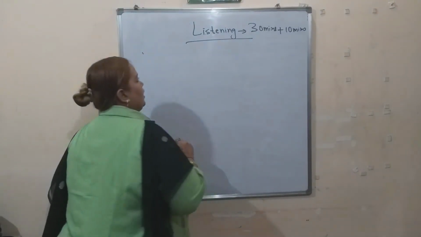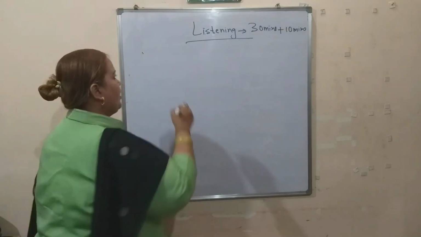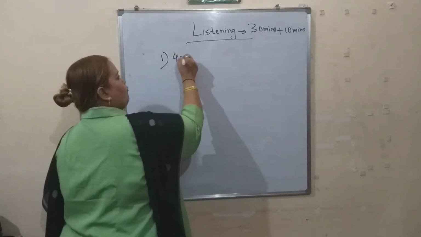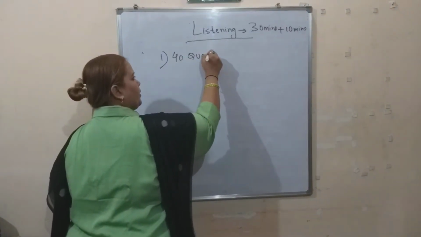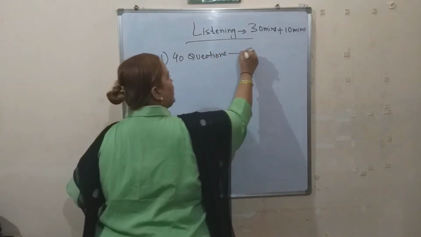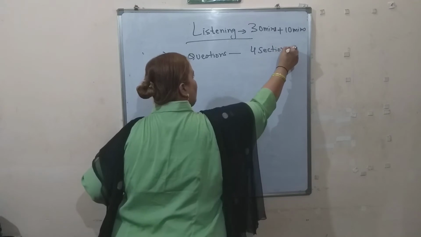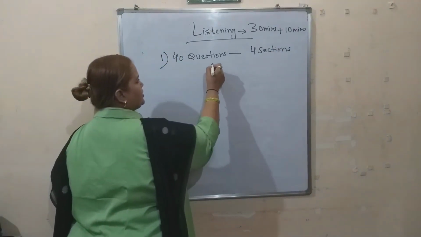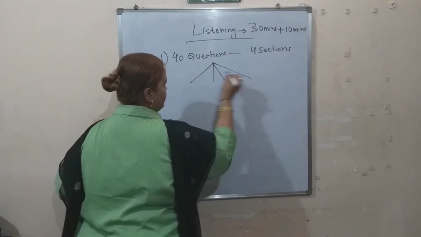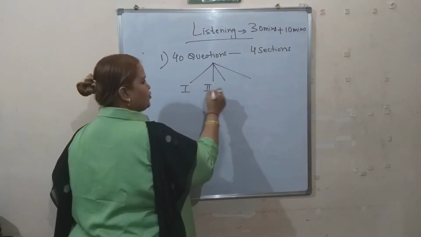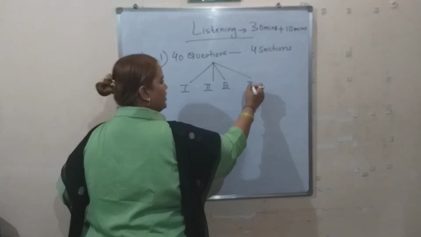In listening, there are 40 questions which are in 4 sections. So, listening is divided in 4 sections: Section 1, Section 2, Section 3 and Section 4.